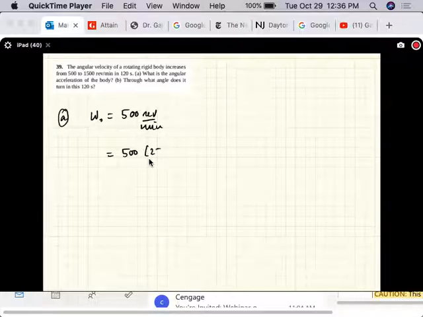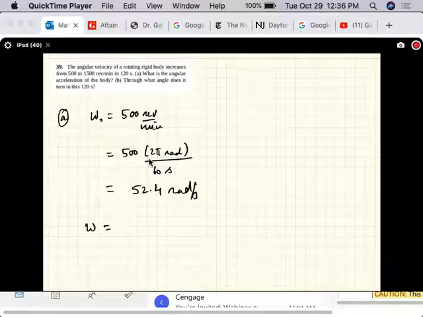One revolution is 2 pi radians, and of course a minute is 60 seconds. So this is equal to 52.4 radians per second.